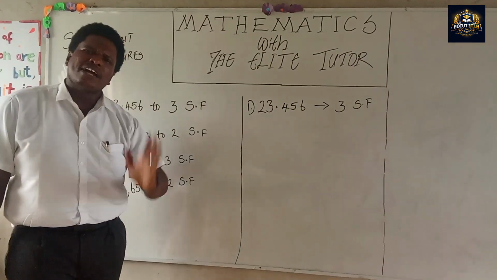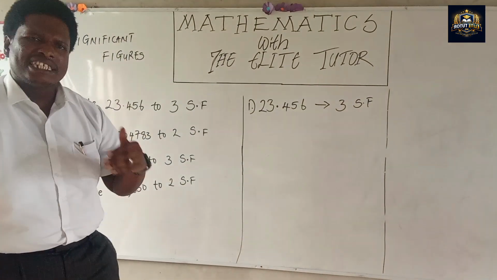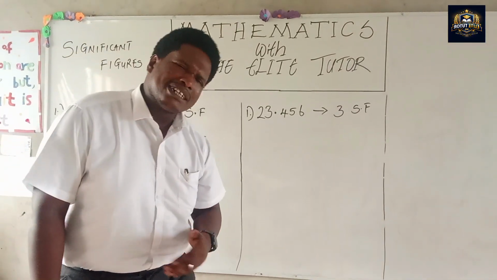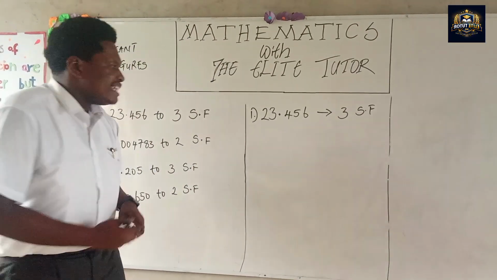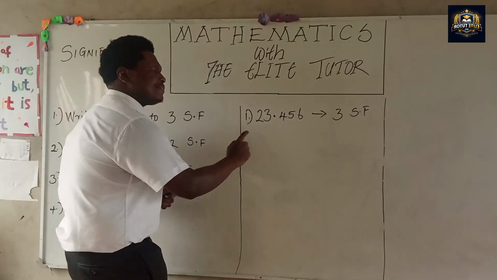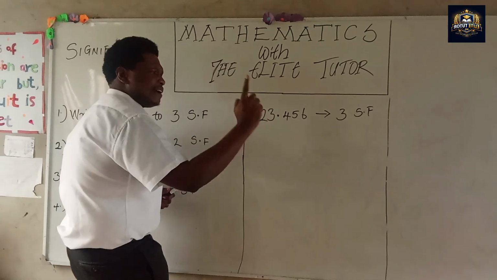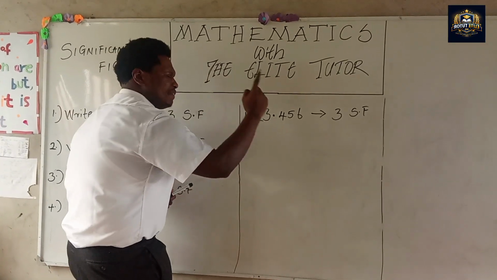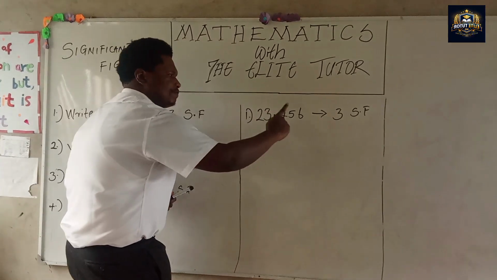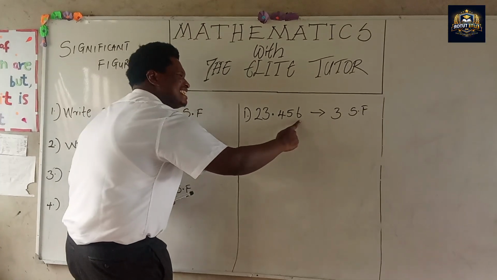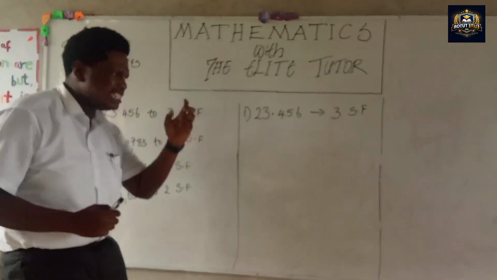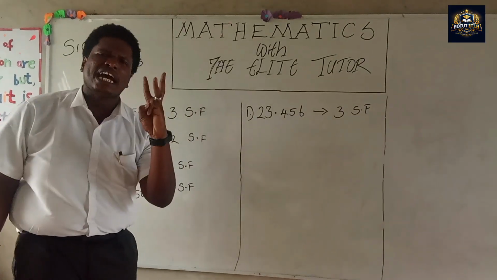When we say significant figure, like I said earlier, we are simply talking about non-zero digits. In this question, the first significant figure here is 2, the second is 3, the third is 4, the fourth is 5, and the fifth is what? 6. Now we are looking for 3 significant figures.